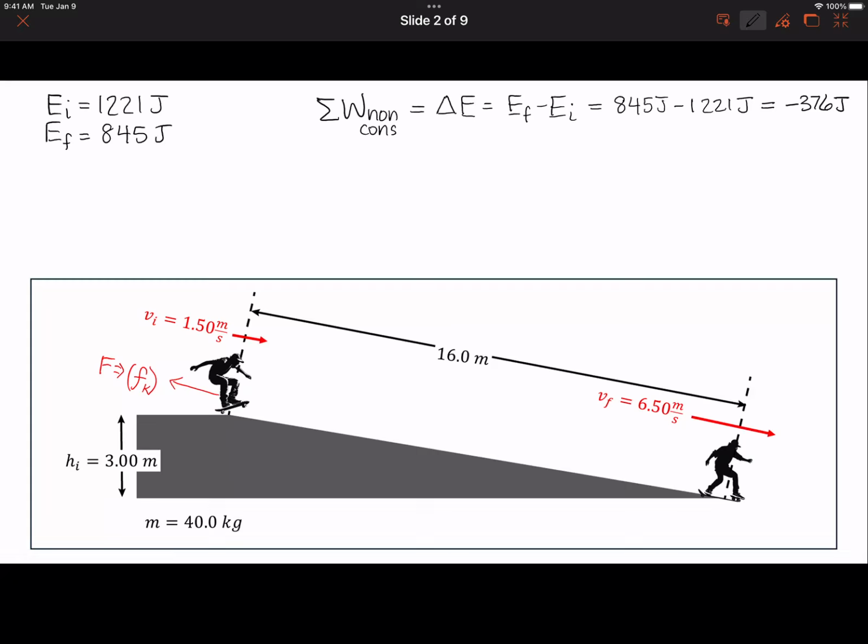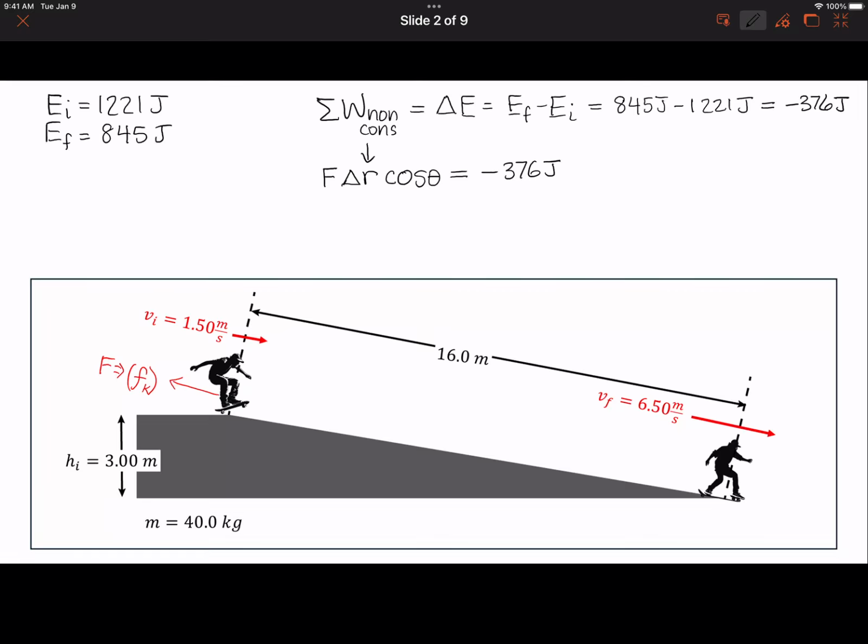And this is because of this non-conservative force. So the force is doing work, and they've told us that it's either parallel or anti-parallel to the motion and that it's constant. So the work done here is the work done by some force that is occurring through some displacement, and then there could be an angle between that force, and that has to equal this change in energy of our system.